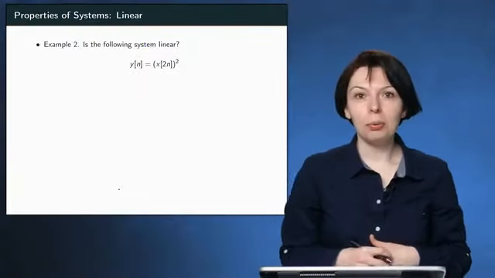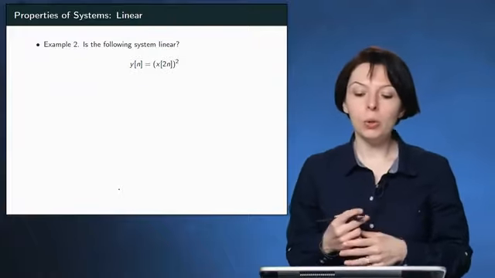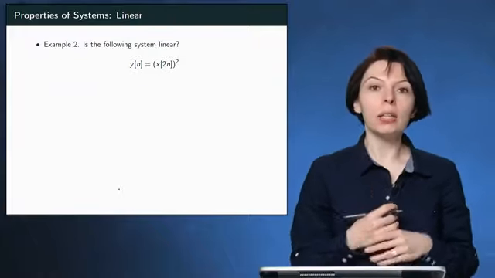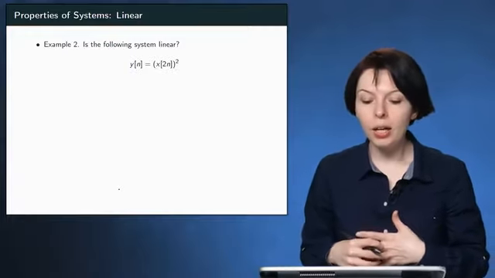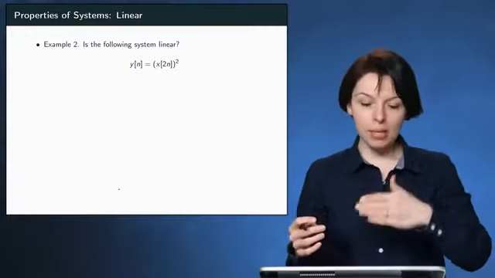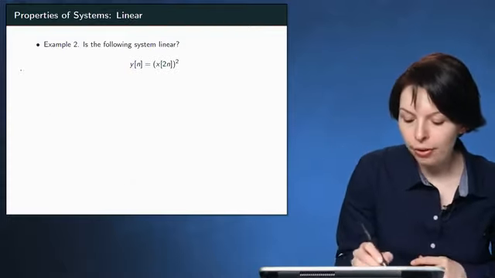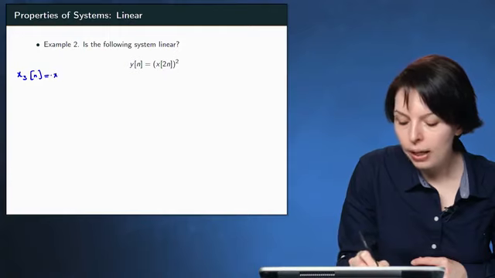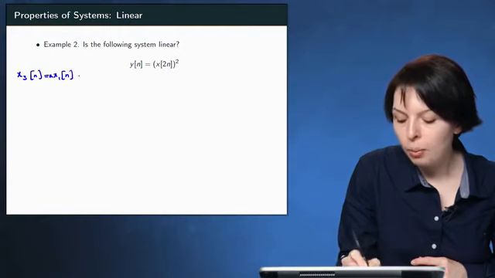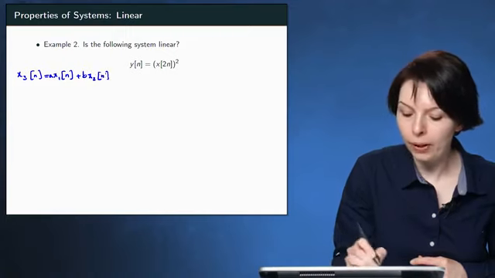The second example is a system that's defined as y of n equals x of 2n to the power of 2. And I want to know if this system is linear or not. I'm going to again follow the same steps and test the linearity. So I'm going to define x3 of n as a times x1 of n plus b times x2 of n. All right.